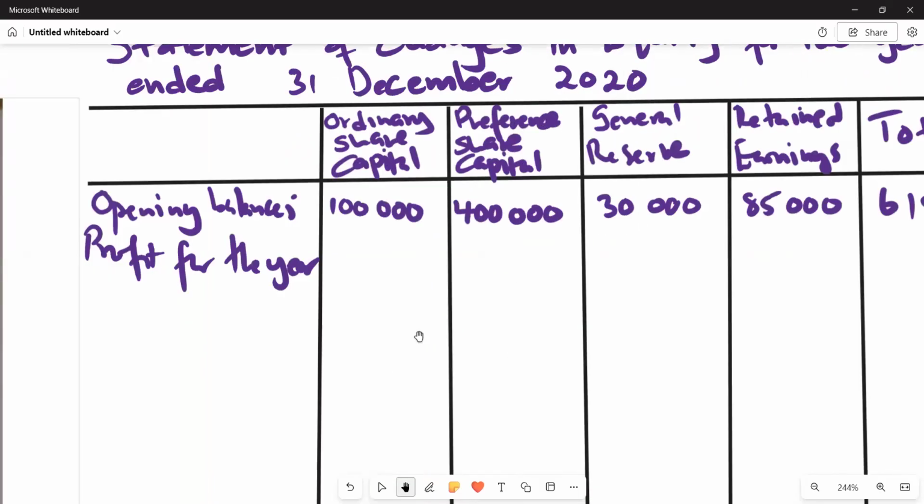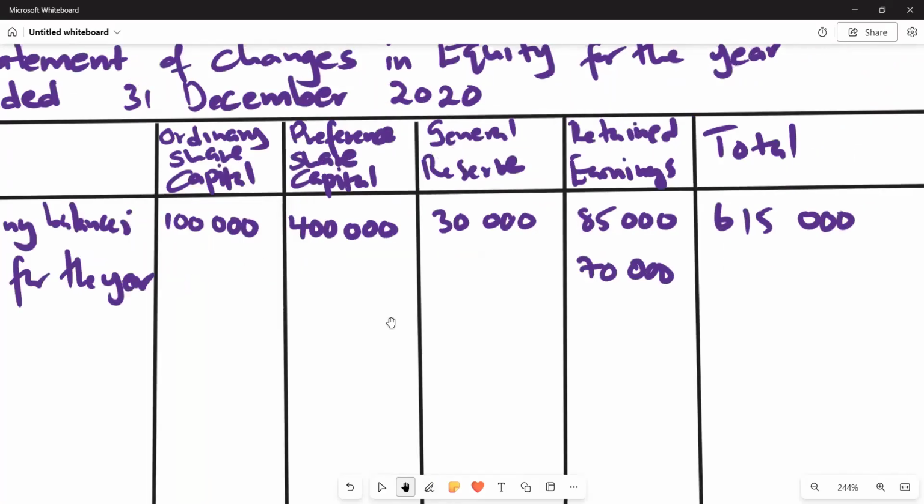It is going to increase the figure that we have for retained earnings. So we put our 70,000 here, and on the total part we also have 70,000, because we don't have anything in the other columns.